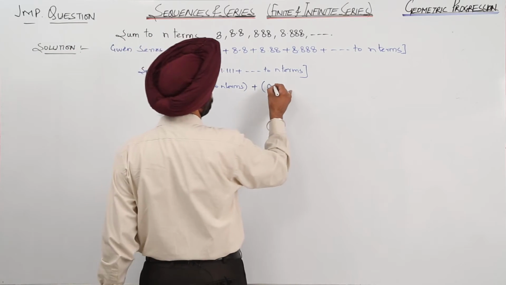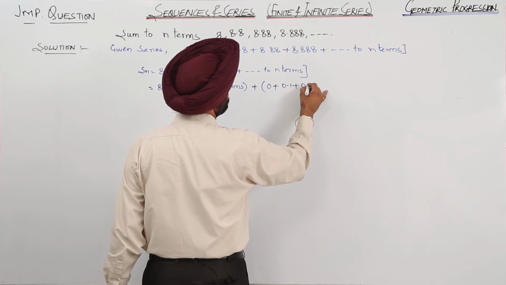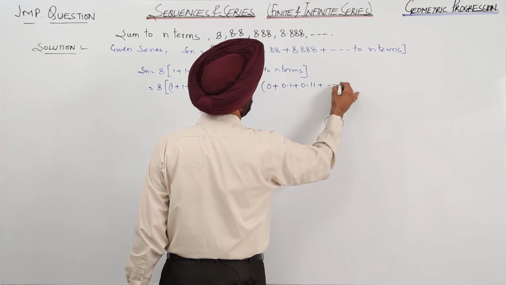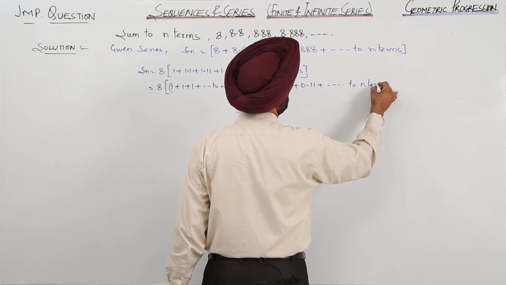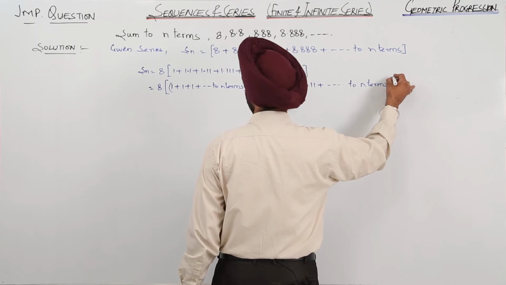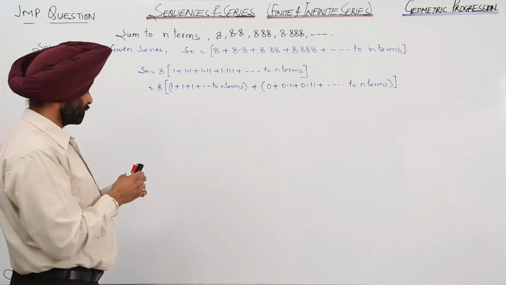So 0 + 0.1 + 0.11 and so on up to n terms. This is what I want to teach you here.